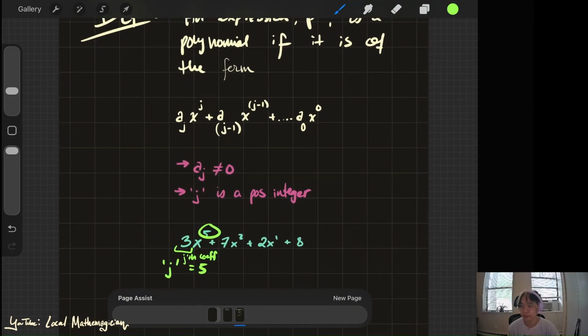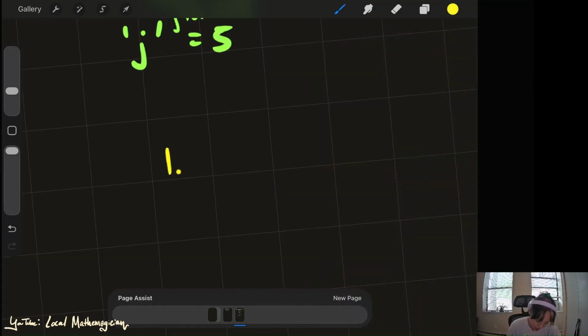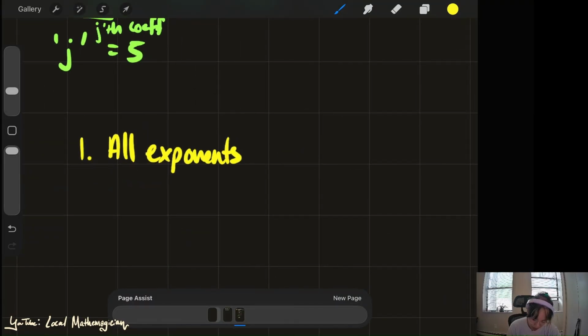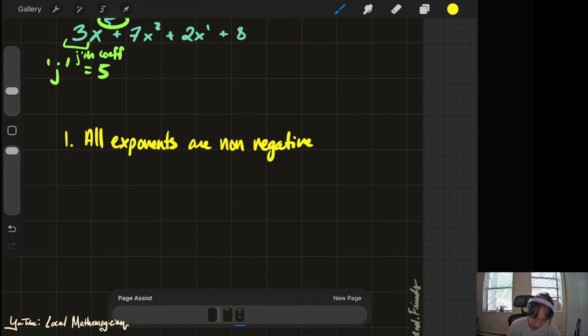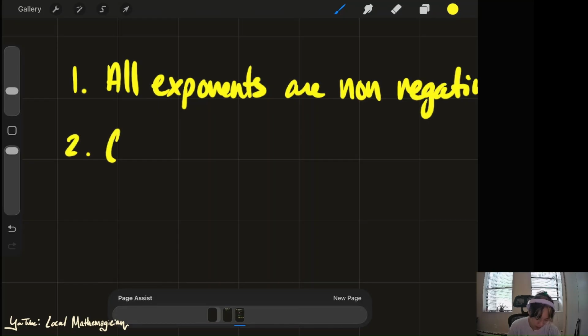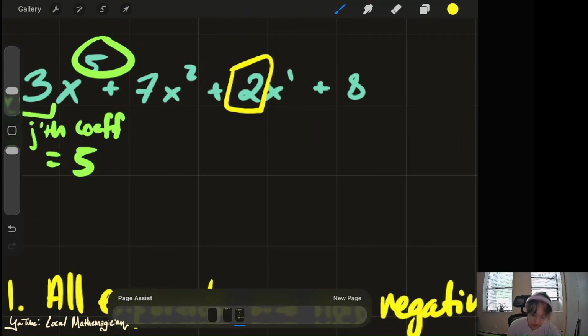So basically, this binds us to a couple things. One, all exponents are non-negative integers. Two, coefficients. And a coefficient is just the number being multiplied in front of the variable.